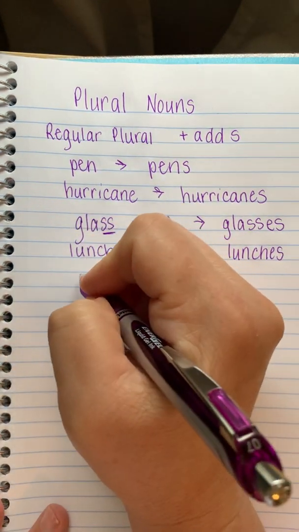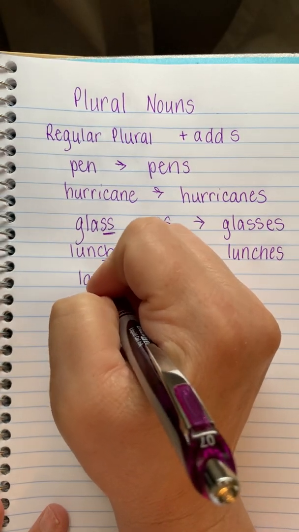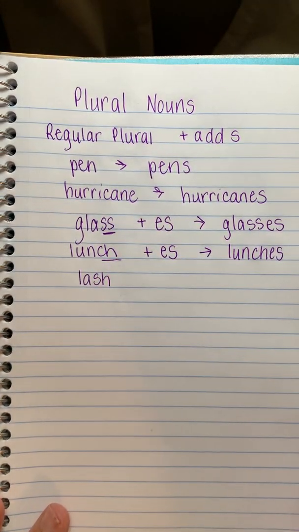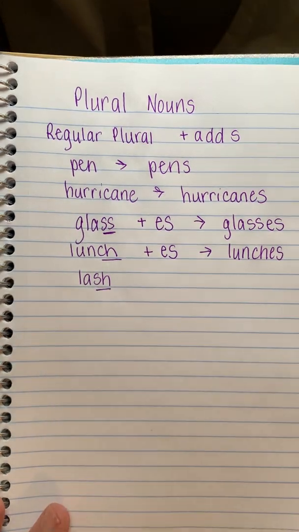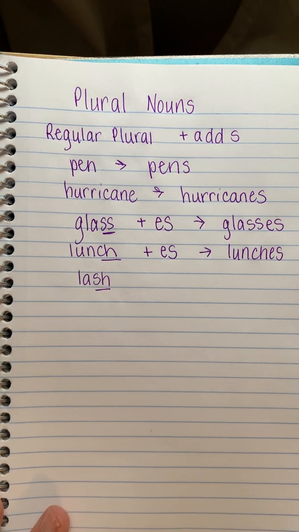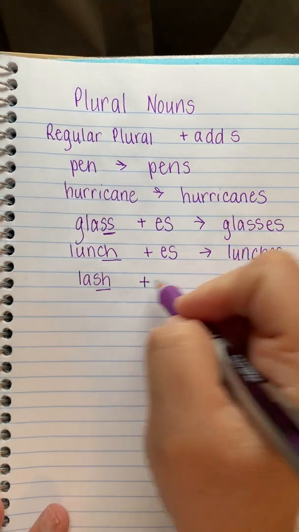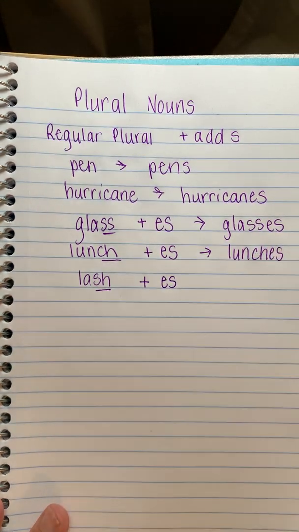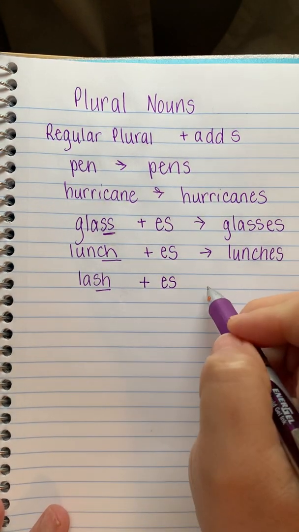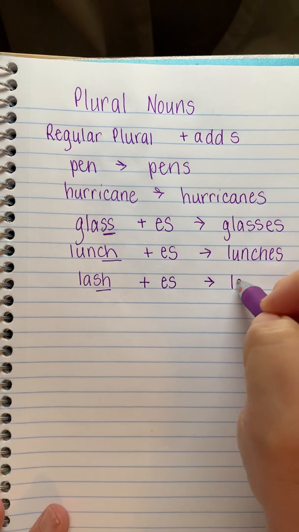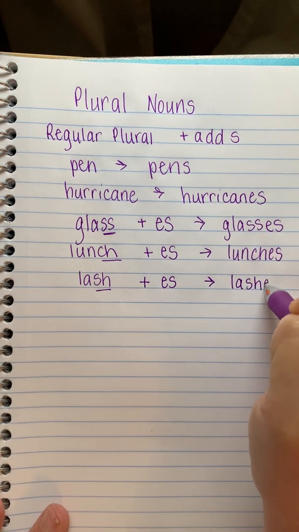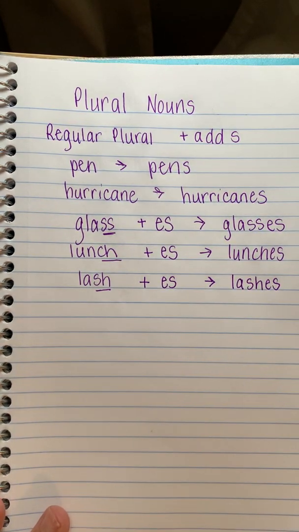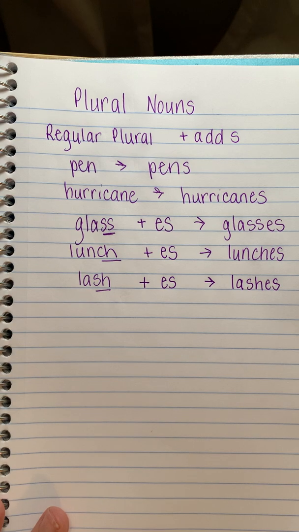Another one, lashes. My girls like to get their lashes done. So it ends with a digraph SH. So we would put an ES on the end of that, and the word would become lashes. Everybody likes some fancy lashes.